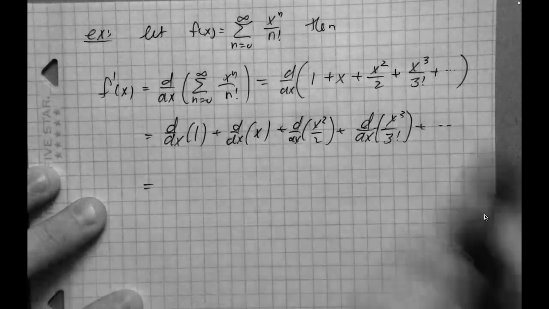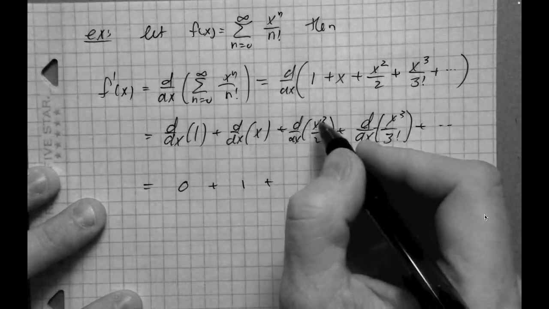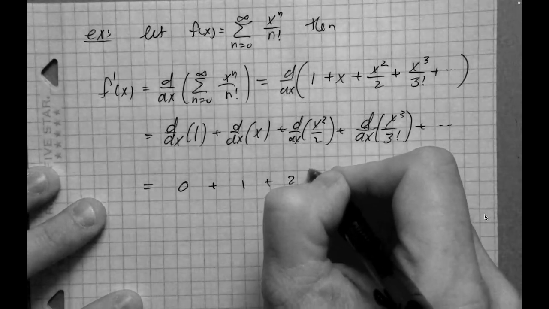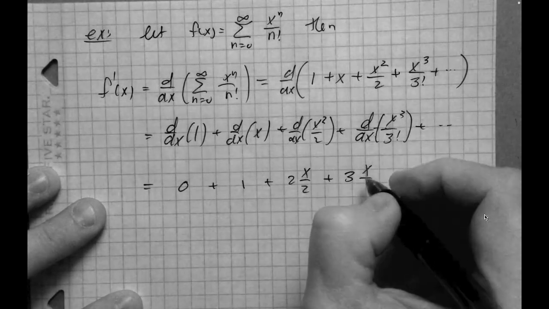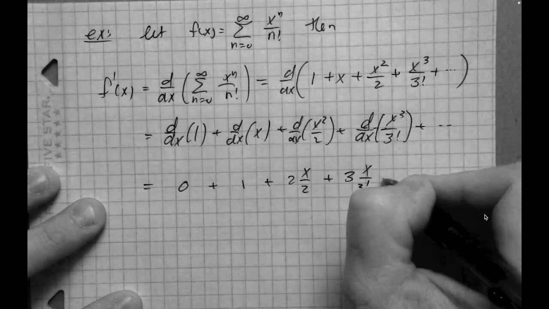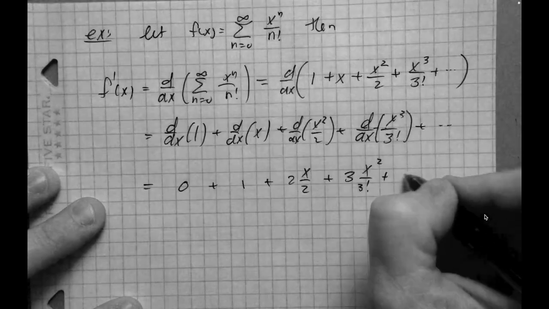And so then differentiating this, you get 0 plus 1 plus, what is this? This would be 2 times x over 2, and this would be 3 times x squared over 3 factorial, and then dot, dot, dot.